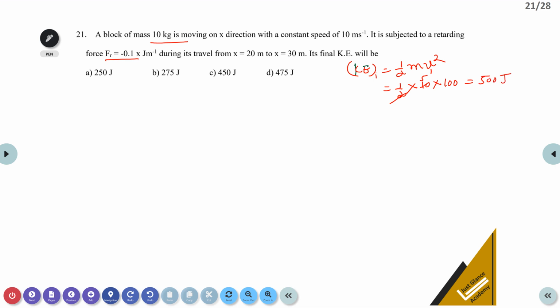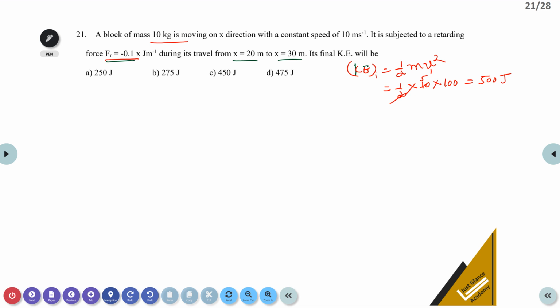Again, it is based on the work energy theorem here. What is the final kinetic energy that is asked? That means using this data, one should calculate the work done. In the previous problem, I calculated work done by the graphical method and by the integration method.